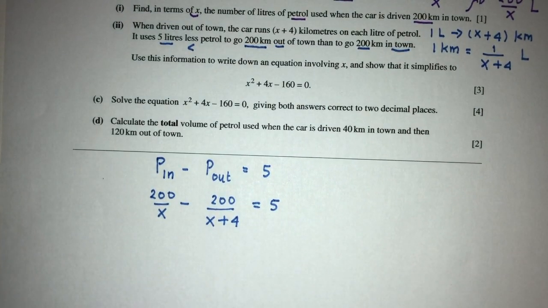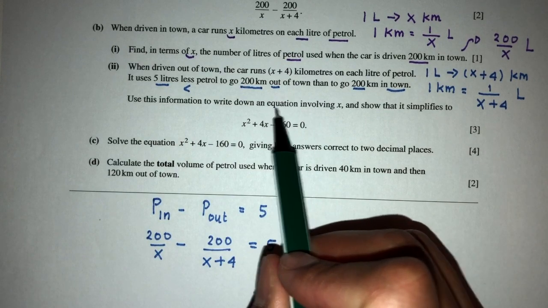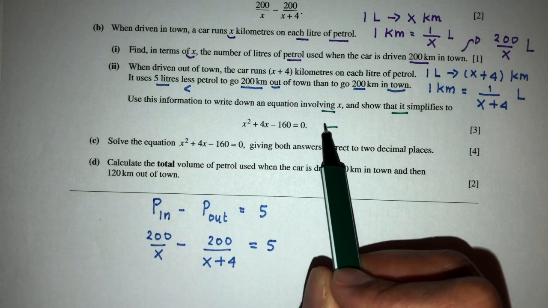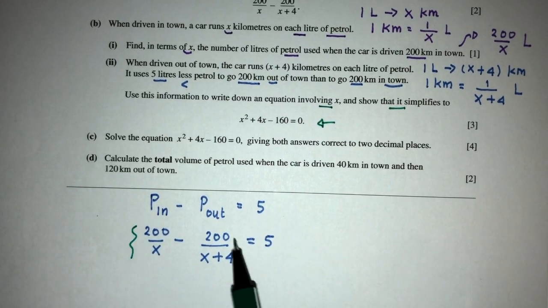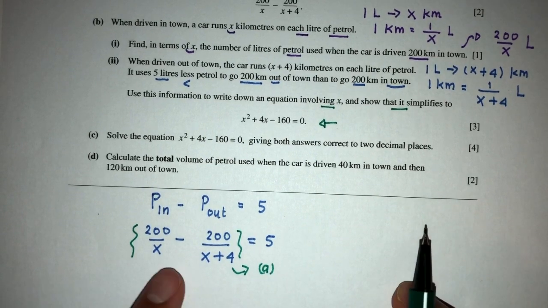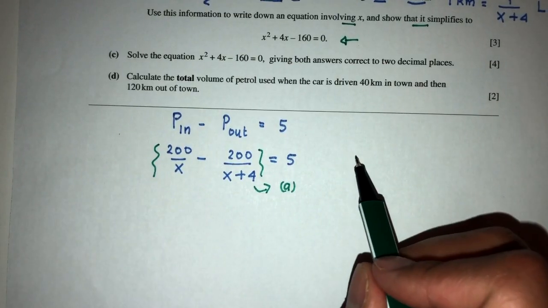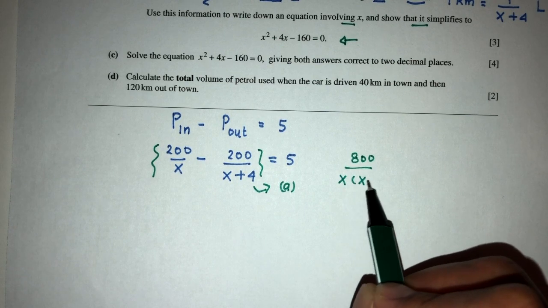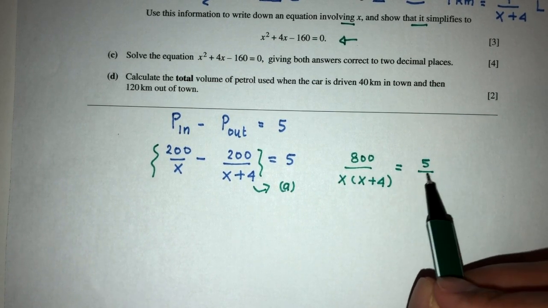Okay, so we have to simplify this. Again, using this information, write down an equation involving x and show it simplifies to this. We have to show this. Now, where do we see this? This is seen from part A, right? This became this. So we know that this is the same as 800 over x times x plus 4 has to be 5 over 1.